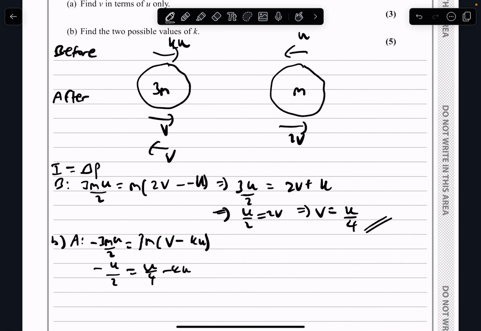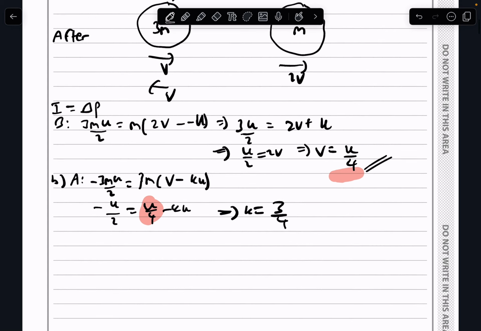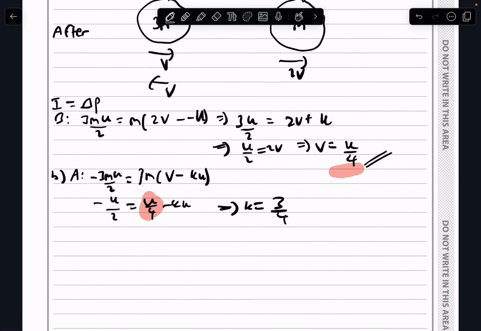So this is using this bit that we mentioned over here. Right? So we can cancel all the u's out and rearrange, can't we? So what we're going to get there, k is, what, 3/4? Yeah, that works for me. So that's just cancelling the u's and rearranging. That's all that is. It's nothing too tricky for a further maths class.